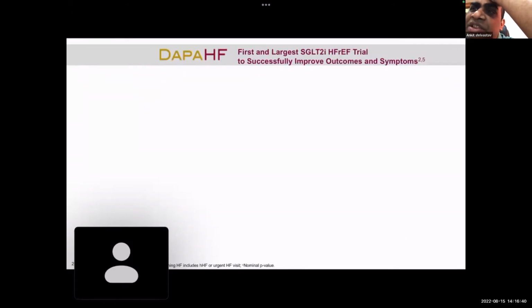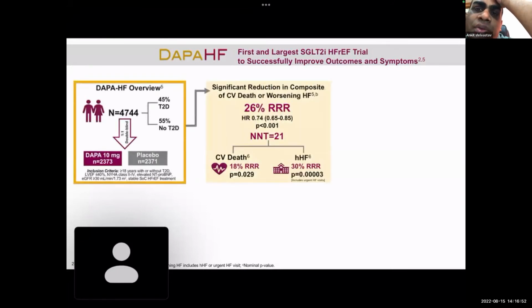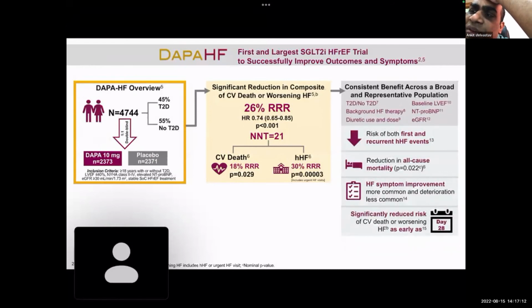If you look at DAPA-HF, that is the first and the largest SGLT2 inhibitor heart failure with reduced ejection fraction trial to successfully improve outcome and symptoms. Almost 2373 patients were put on dapagliflozin and 2371 patients were put on placebo. Significant reduction in the composite of CV death or worsening heart failure was noticed, and the effects were consistent across a broad and representative population.